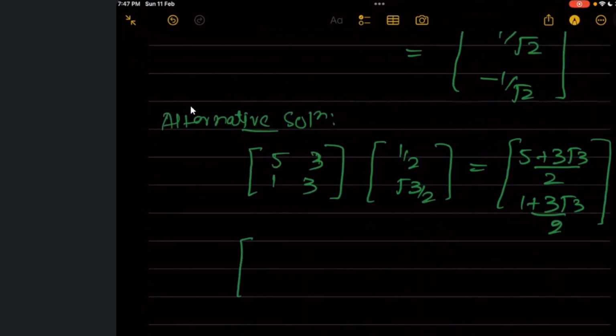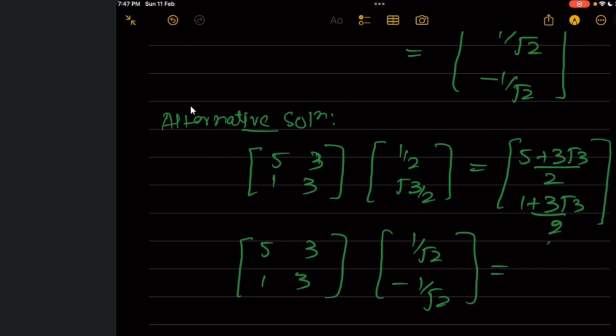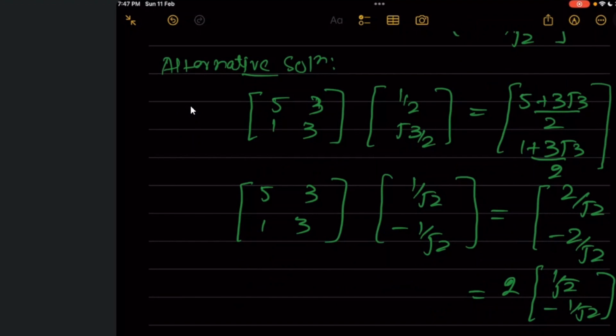So if I multiply this matrix with 1 by root 2 and minus 1 by root 2, what we are getting here, if you solve it, is 2 by root 2 and minus 2 by root 2, which is 2 into 1 by root 2 and minus 1 by root 2. So this is nothing but just a scalar multiple of this. So in this way also you can find out the normalized eigenvector.